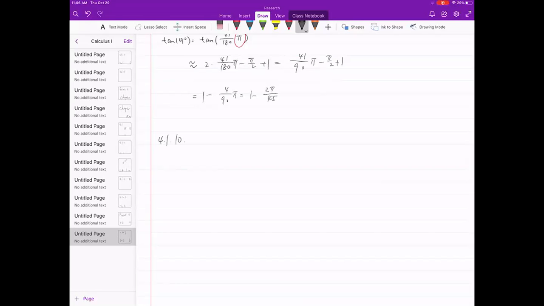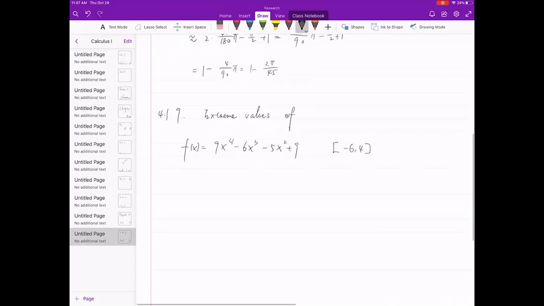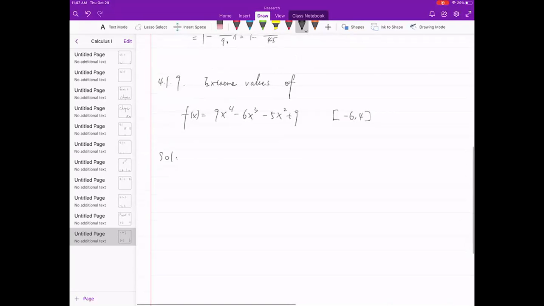You are trying to look for the extreme values of the function on the interval. Now we know it's standard process.